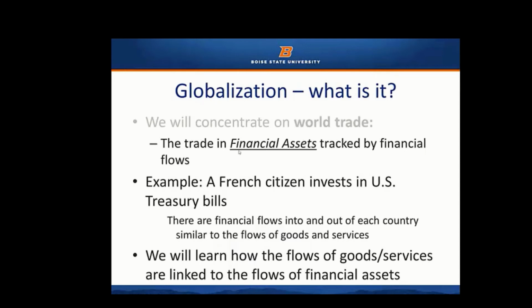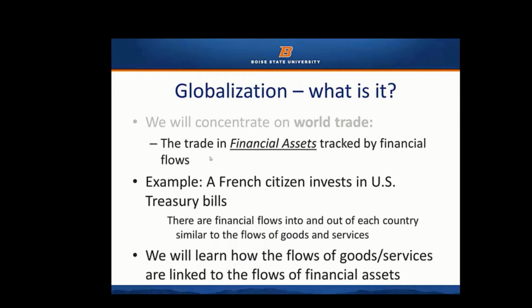And so financial flows, for example, are somebody in France invests in a U.S. T-bill, which they do. We need to finance our federal budget deficit. One way that we do that is the U.S. Treasury prints up T-bills, and U.S. citizens can buy them, and foreign citizens can buy them as well.